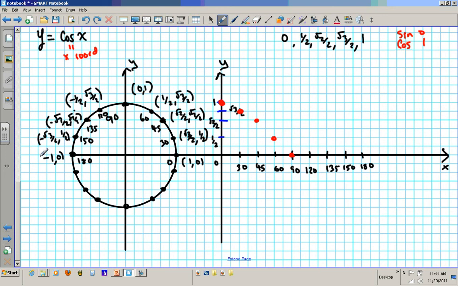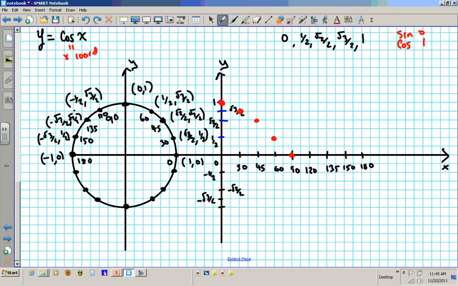So what's happening here? All the x's are now negative. So it's going to be the same story here, but you're going to have negation on the x component. So we're going to go underwater here. So this is going to be negative 1/2. That's opposite of that. And then this one is going to be negative root 2 over 2. And then this one is going to be negative root 3 over 2.